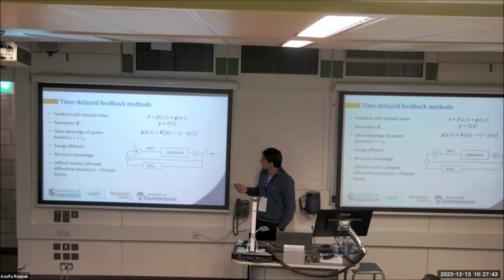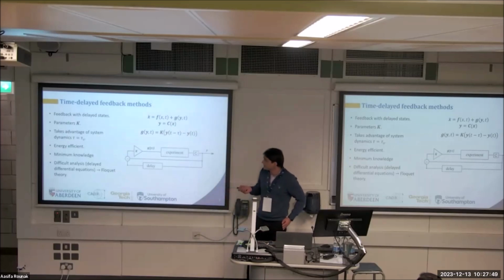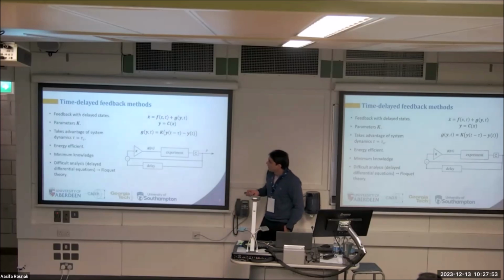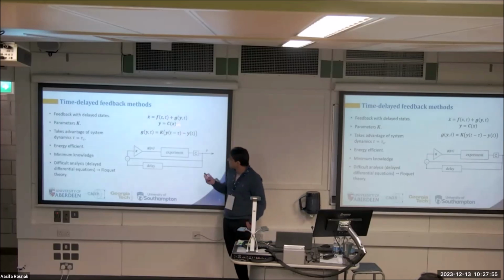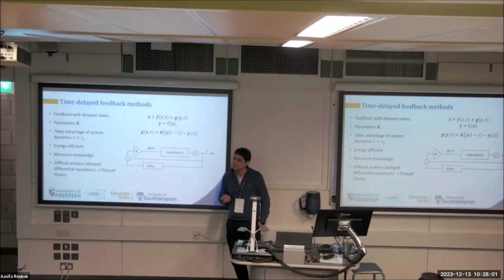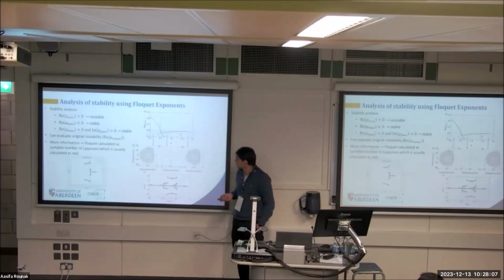But you can see here that we only have observations and delay, so we don't need any kind of state estimator or something like that. However, because we are introducing delays into our system, we are now dealing with delay differential equations, which are a little bit harder to analyze. But we can also analyze them with Floquet theory.